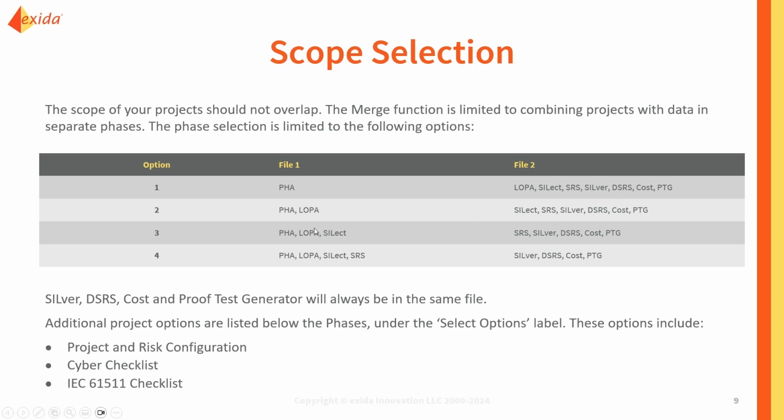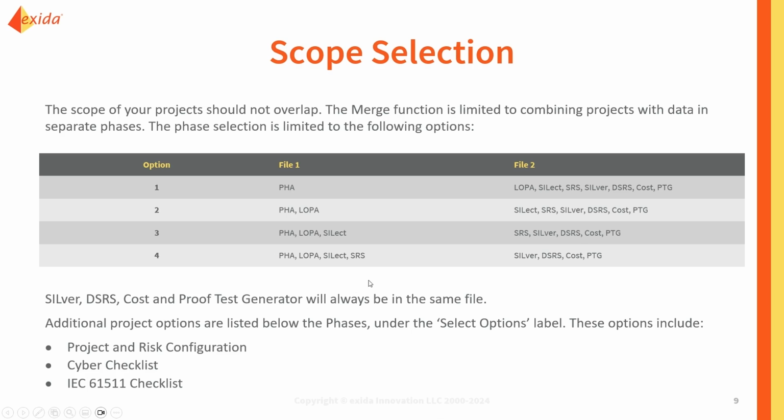You might have a situation where your first file has your PHA and LOPA. And in that case, you've done your SIL selection, SRS, Silver, and so on within your second file. For option 3, perhaps you've done PHA, LOPA, and SIL selection in your first file, but you've documented your SRS with your safety requirements for the SIF before doing your SIF design, your design SRS, and your procedure specification in the second file.